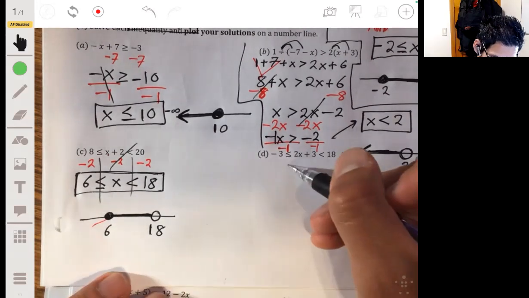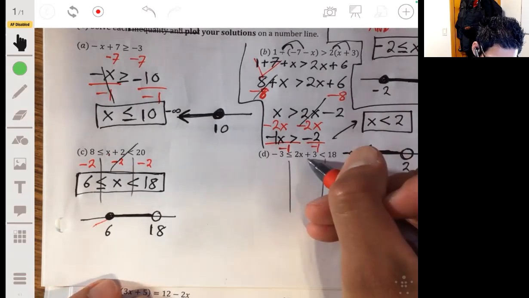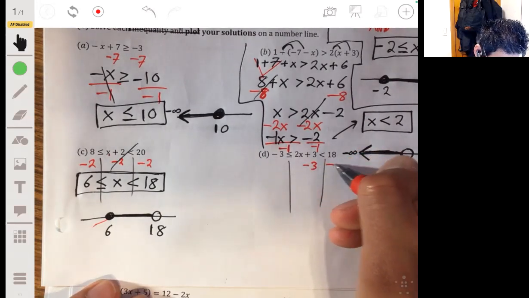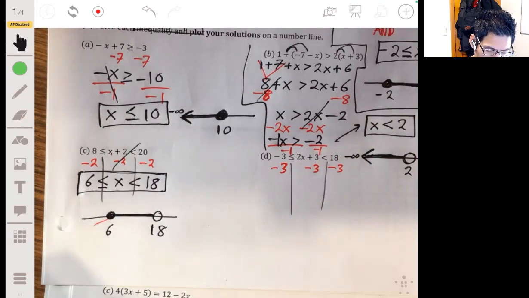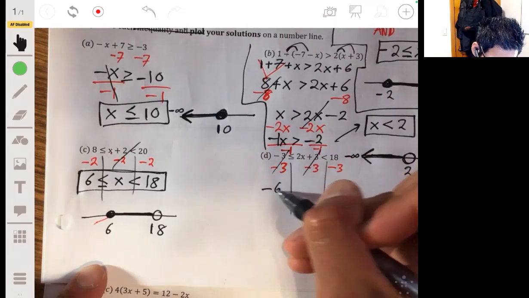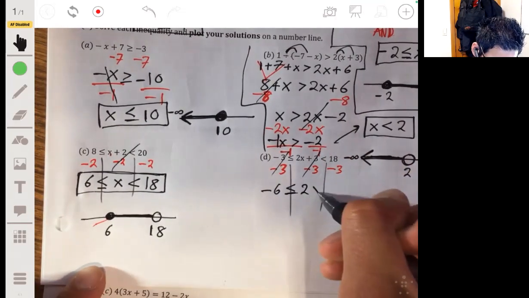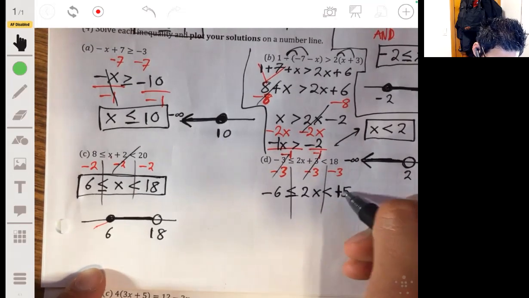And then for D, three-part equation, solving for x, let's subtract 3 from each part, left, middle, right. We'll get -6 is less than or equal to 2x, which is less than 15.